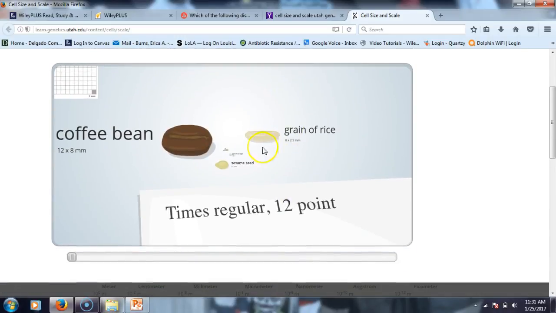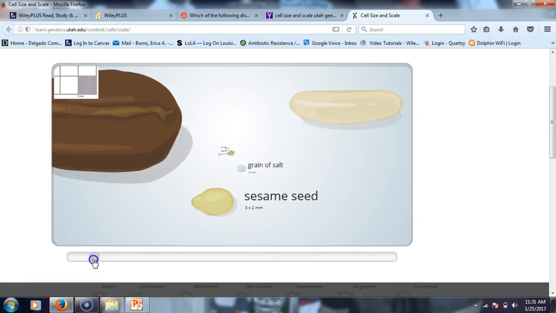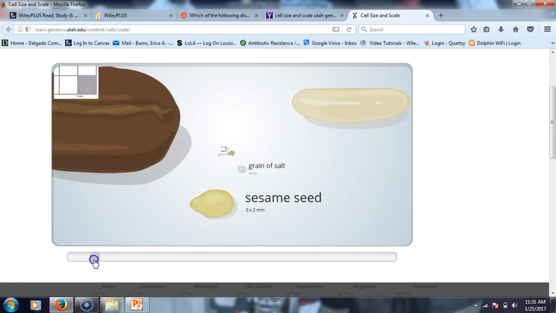So let's take a ride. Down here, you could move the little cursor and we can zoom in. So at this point, these are things you could pretty much see with the naked eye, right, if you have normal vision. And then we can zoom in, right? And you would probably need a microscope to see a sesame seed in that much detail, right?